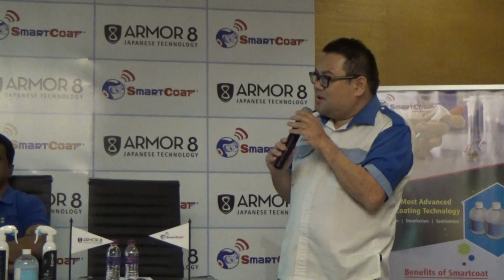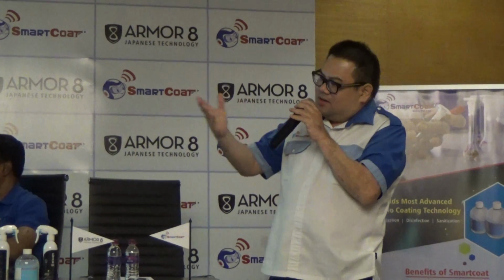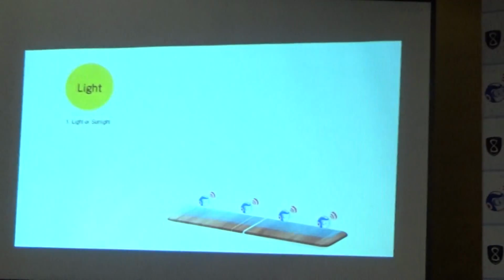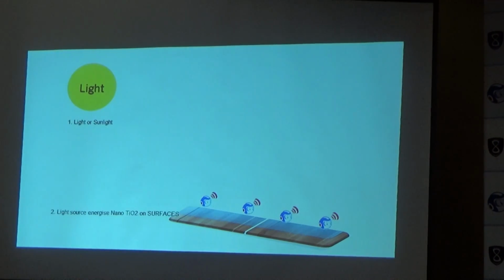So how does it work? We have surfaces applied with SmartCoat or Armor 8. When you have light, something happens on the surface. The positive and negative electrons are paired up and charged.